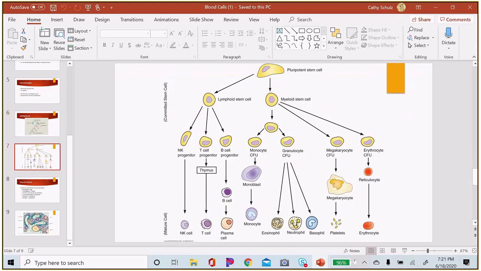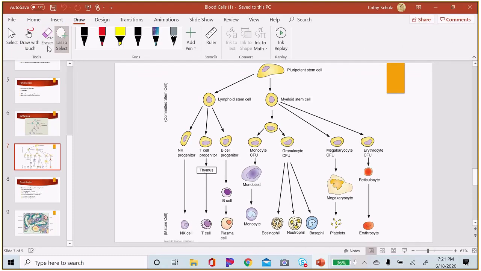So here is the types of cells that come from one pluripotent stem cell. So it could go through this right here is the first differentiation. So we would still leave a pluripotent cell behind, and we have a lymphoid stem cell and a myeloid stem cell. So that's our first differentiation.